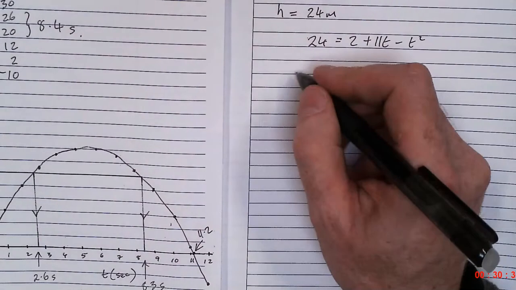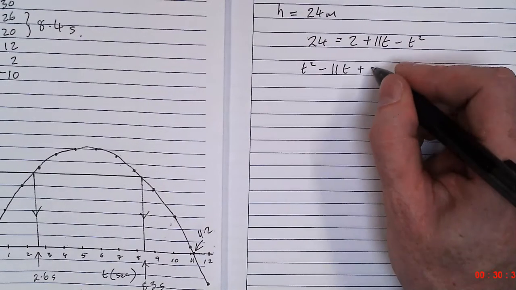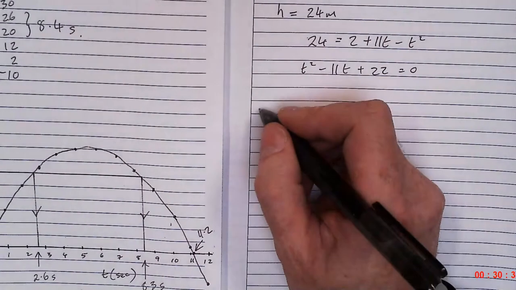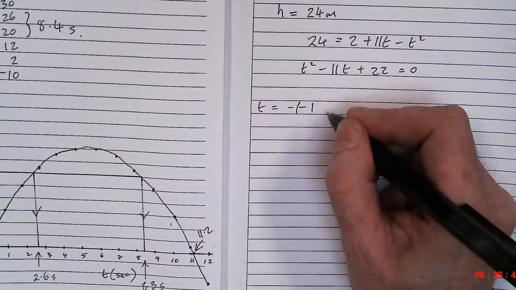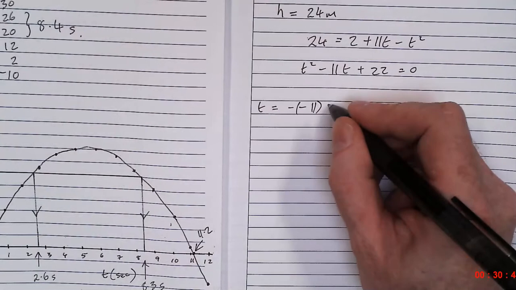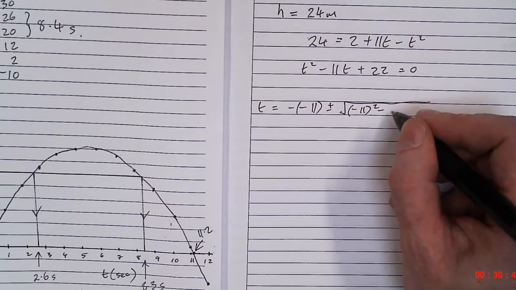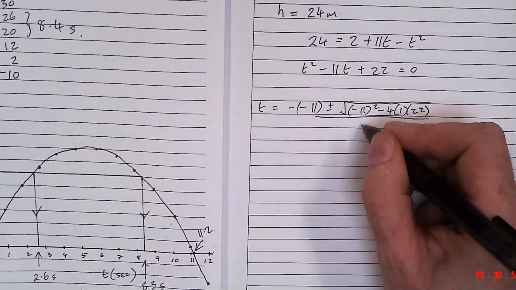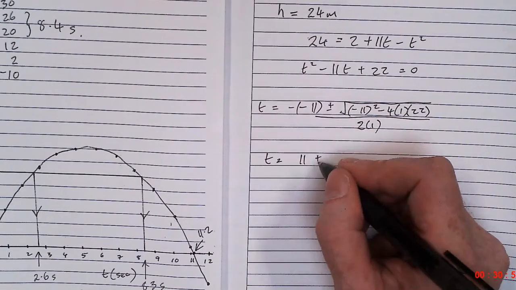So the t carry here minus hinjig t plus the quadratic equals 0. And then we say the t formula: t equals minus hinjig plus or minus square root of b squared.